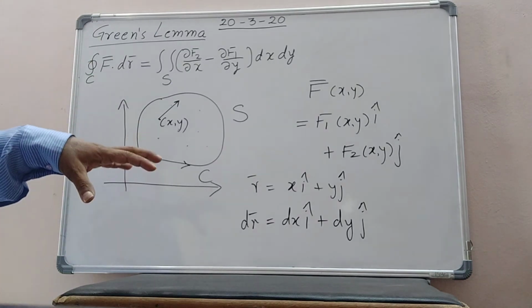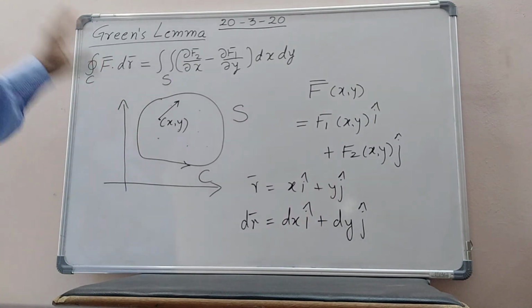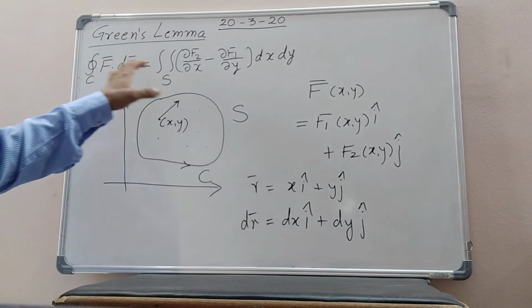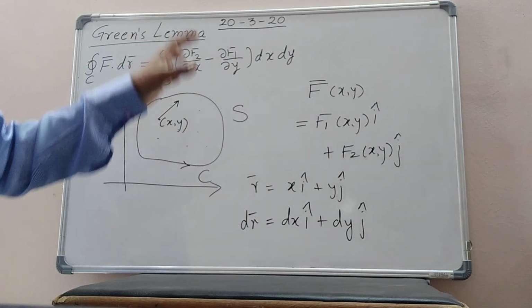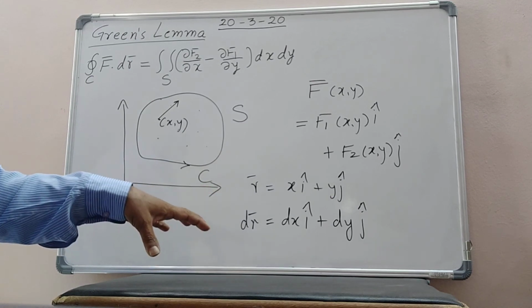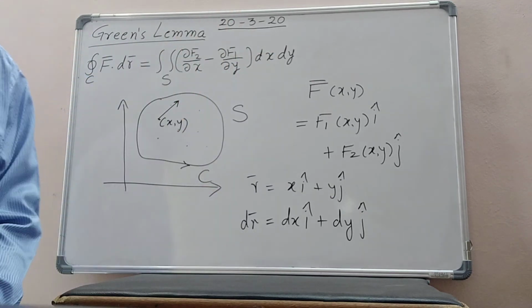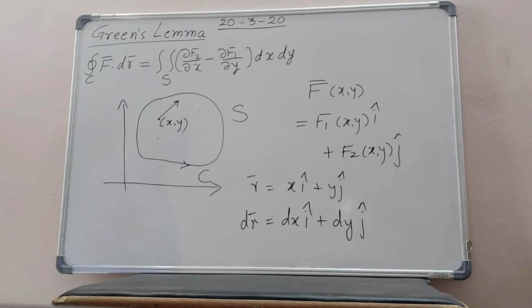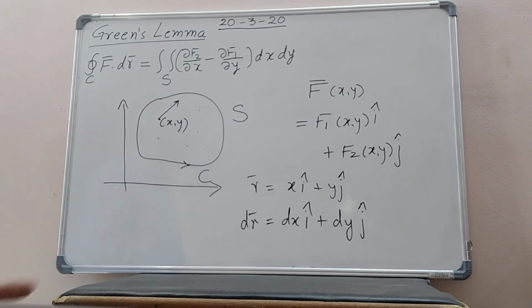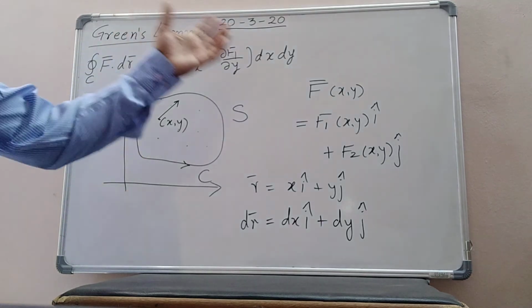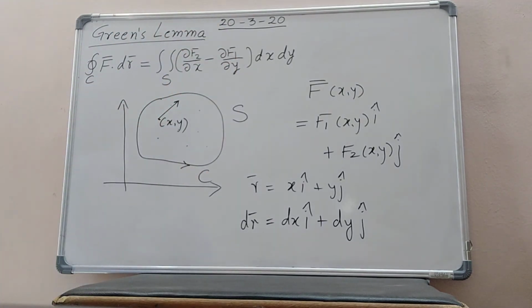So we will just assume that the vector field f bar, the curve C, the surface S have all those nice properties which allow such a statement to hold. Now I shall, through an illustration, show you how to carry out these computations.